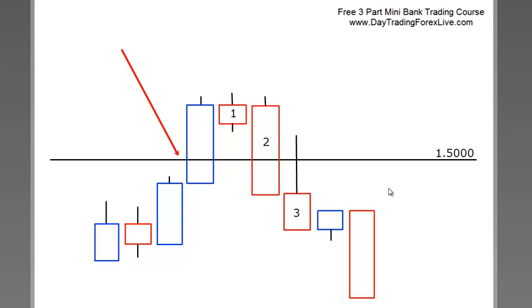Now guys, one of the key things to remember is that this little section of the strategy, at the end of the day, is a very small portion. This thing has stood the test of time. For the first 2 years of Day Trading Forex Live, it was nothing but a live trading room. That means every single one of my trades was live, and at the core of a lot of those trades was the confirming entry.